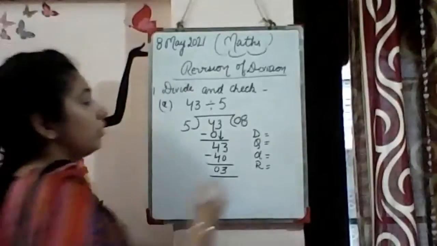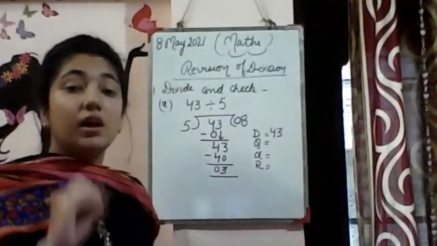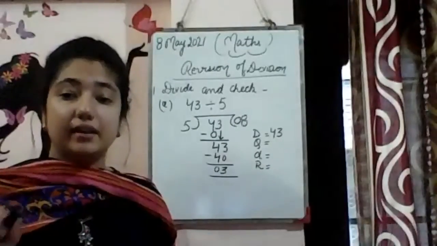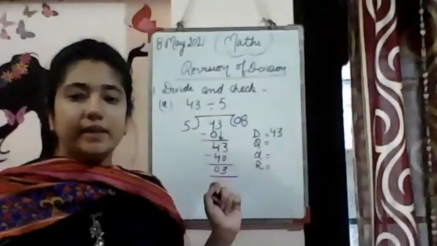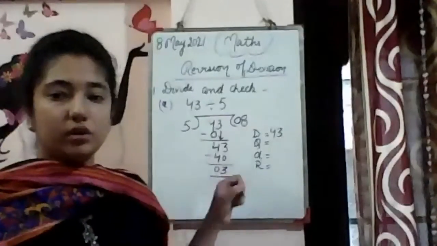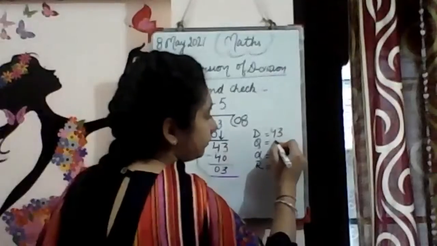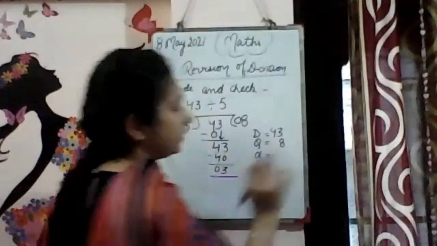Yes, Sahajpreet, 43. Capital D is 43, that number which is being divided, which we have to divide. And what is capital Q? What is capital Q? Yes, very good, Samar, Krishav. Capital Q is 8. So we can also write 08 or we can write 8 in a simple way.